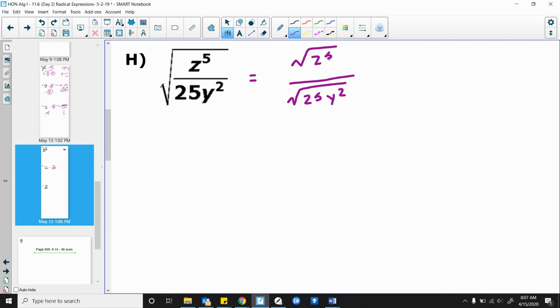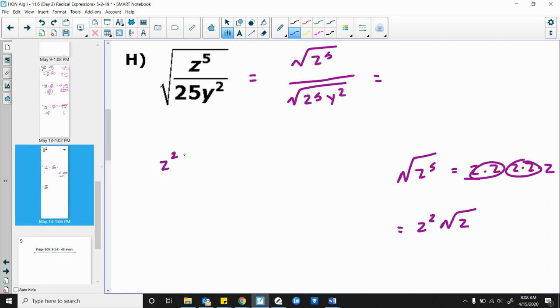Now if you can't catch on yet, z to the fifth: radical z to the fifth equals z times z times z times z times z. That's a pair and that's a pair. So I'm going to have z squared on the outside and radical z on the inside. So up top of my answer here, we're going to have z squared radical z. That's the top.